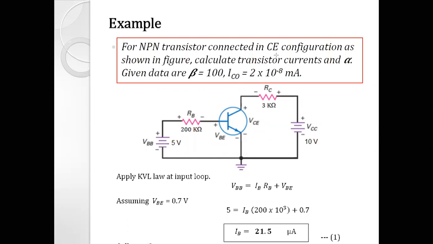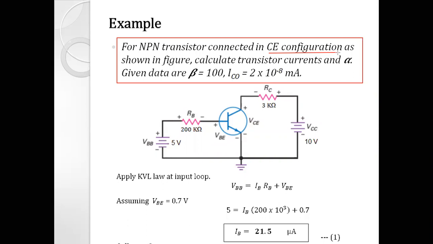Here the information is given like common emitter configuration. So you should know the circuit diagram of common emitter configuration. Which terminal is the input one, which terminal is the output one. What should be the current limiting resistor, like in the common emitter RB and RC are the current limiting resistors. Base terminal is the input one.